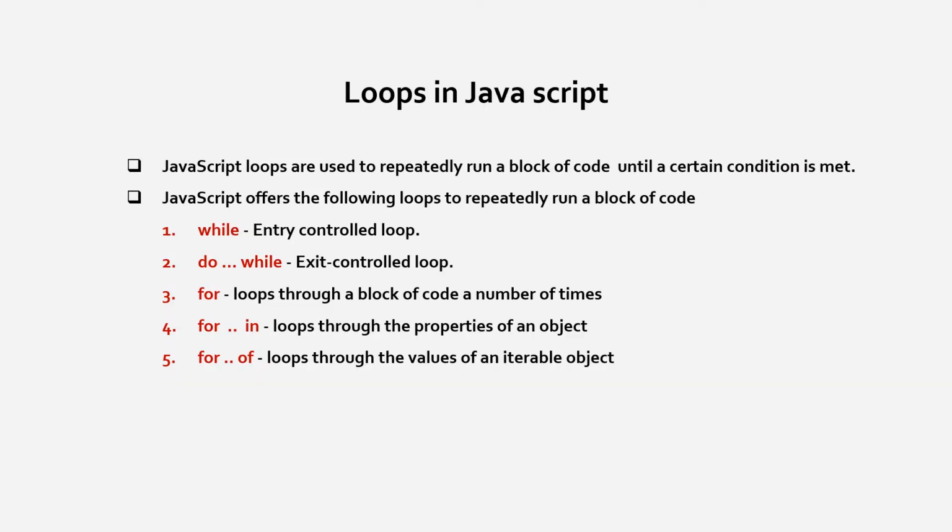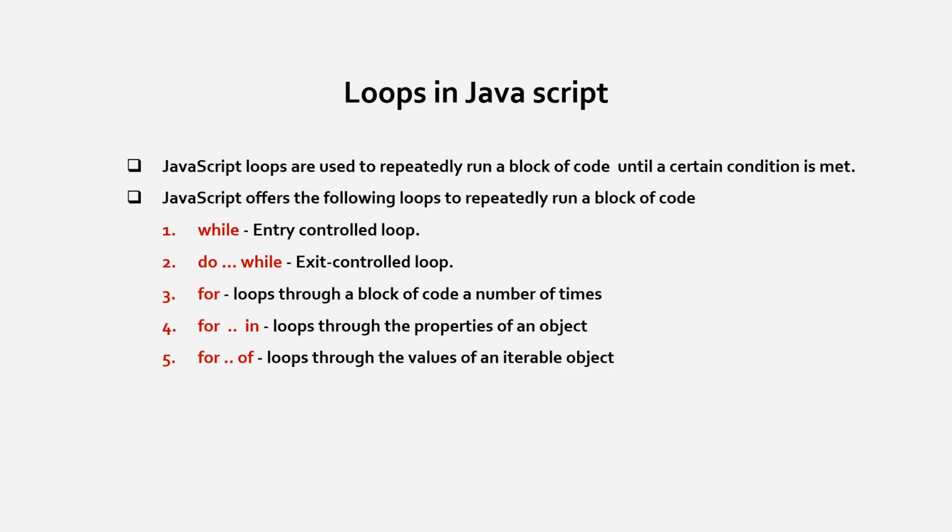So we have seen different types of loops, which I mentioned in the introduction itself. In JavaScript also, the purpose of a loop is to run a block of code repeatedly until a certain condition is met.